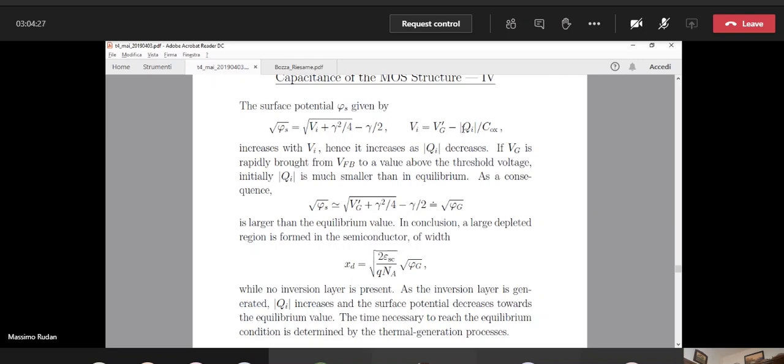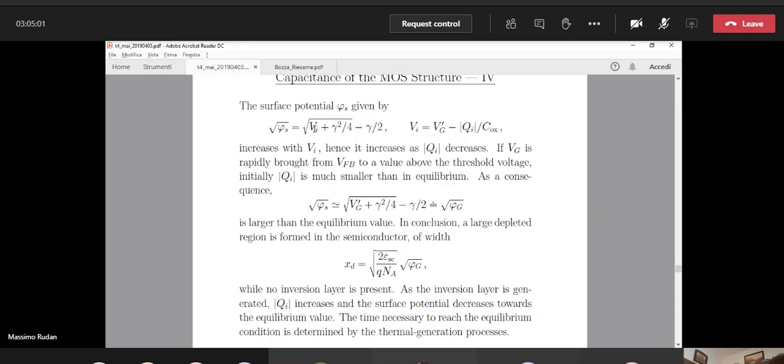When Qi reaches the asymptotic value in time, so when the inversion layer is fully formed, this modulus of Qi is, of course, some positive quantity, and Vi is minimum. So phi s starts very high, and then during the transient goes to the asymptotic value corresponding to the steady state condition.